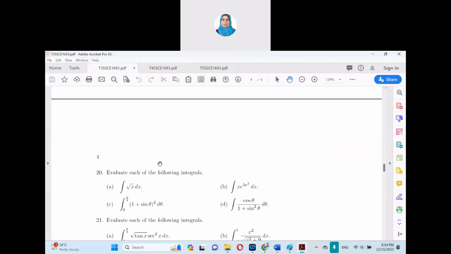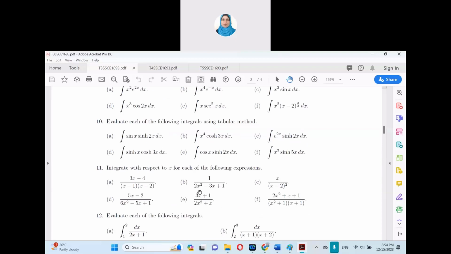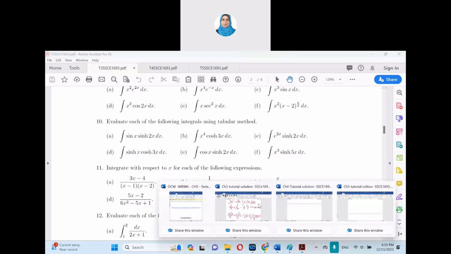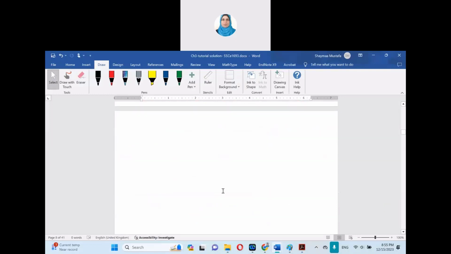For 11f, integrate with respect to x, also using partial fractions.